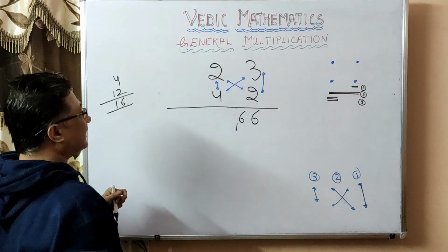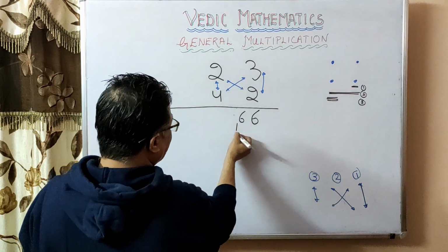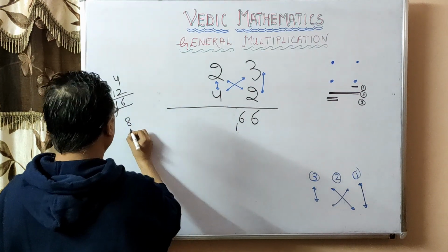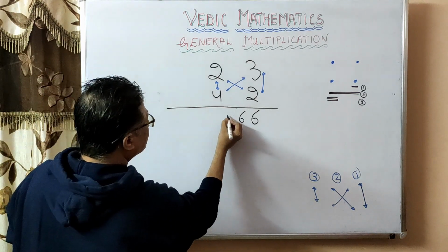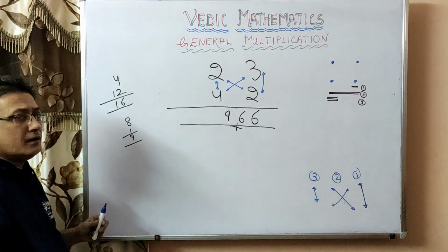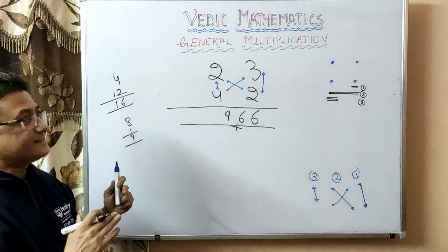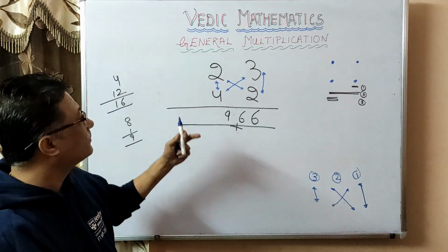So 4 2s are 8. But we have this one that has to be carried forward. So 8 and this one is 9. So I cut this off. This is my answer.